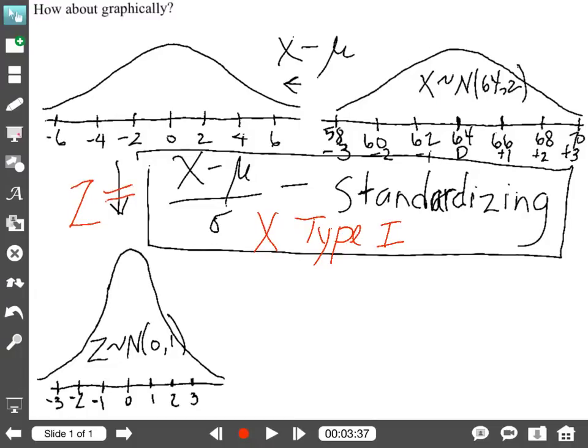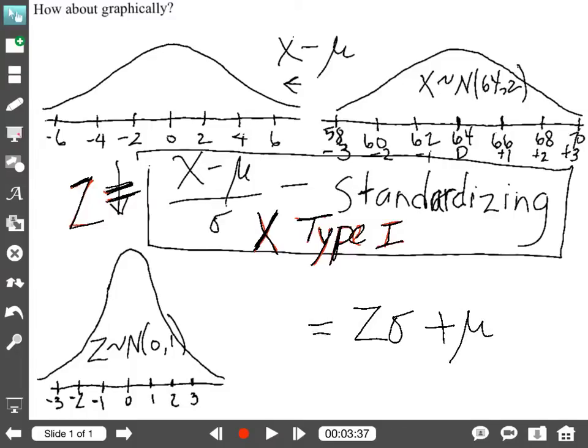So rather than dividing by the standard deviation, I would multiply the standard deviation, and rather than subtracting the mean, I would add the mean to z, because I start with z. So beginning with z, I would multiply the standard deviation, and I would add the mean to get to x, however that was defined.